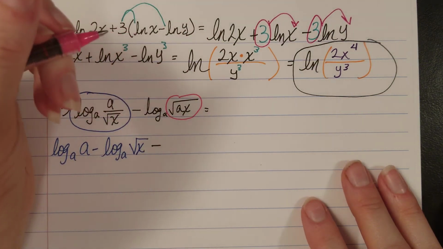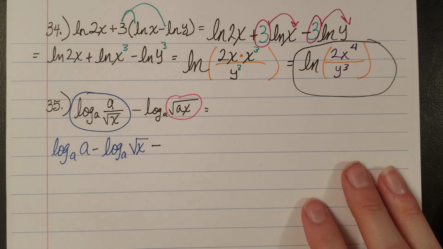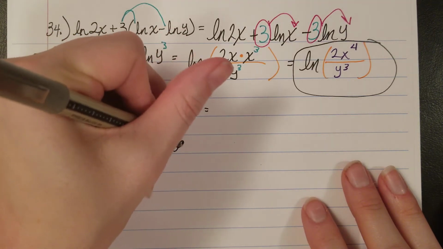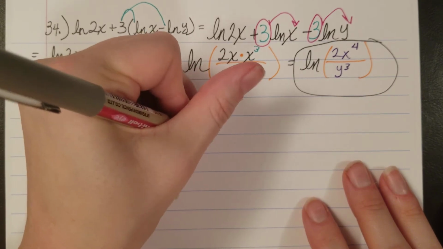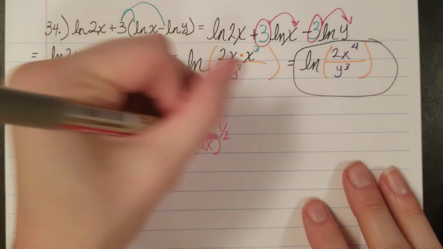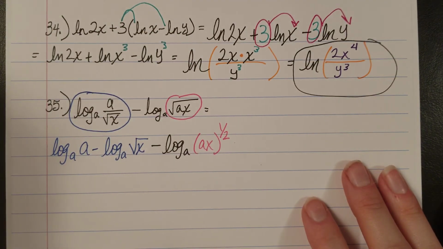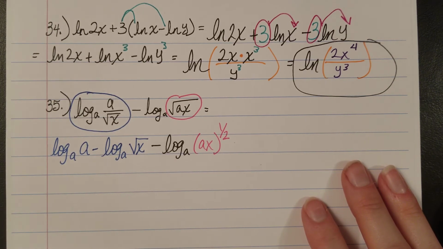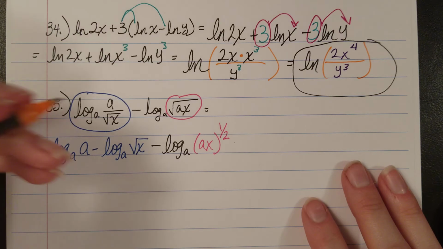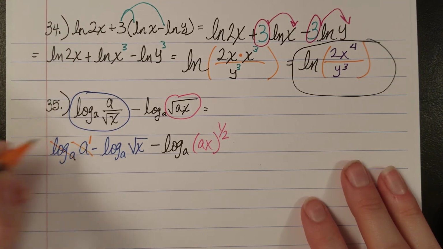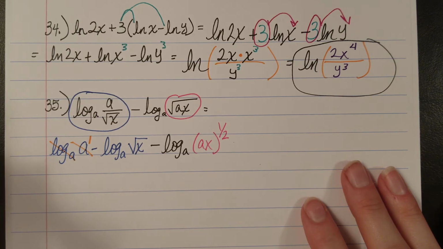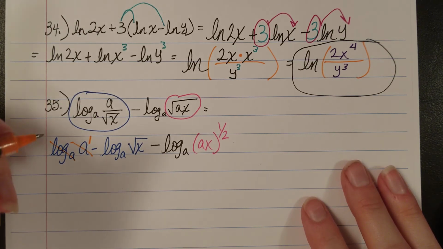So log base a of parentheses ax to the power of 1/2. So there's like an invisible exponent of 1 there. So that whole thing is going to turn into a 1.